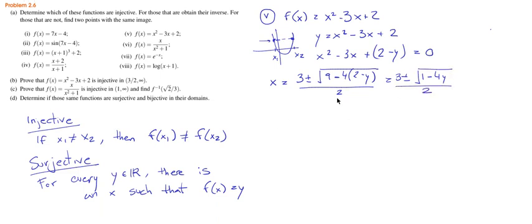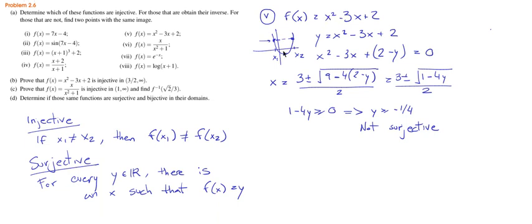This expression doesn't make any sense if the quantity under the root is smaller than 0. So it has to be greater or equal than 0, which implies that y has to be greater or equal than minus 1 over 4. This already tells you that the function is not surjective. Parabolas have a minimum, in this case.